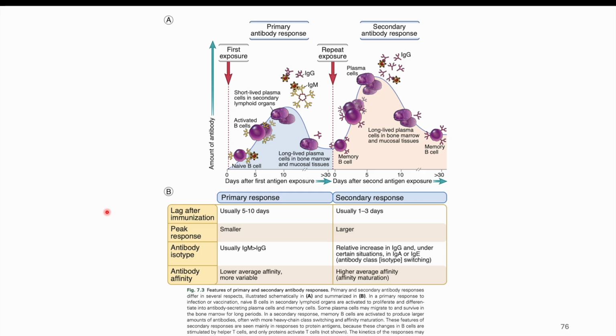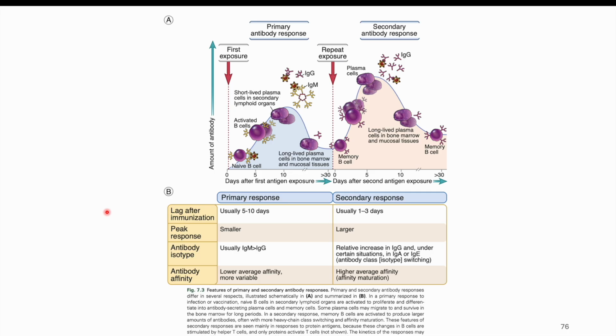In a secondary response, memory B cells are activated to produce larger amounts of antibodies, often with more heavy chain class switching and affinity maturation. These features of secondary responses are seen mainly in response to protein antigens, because these changes in B cells are stimulated by helper T cells, and only proteins activate T cells.